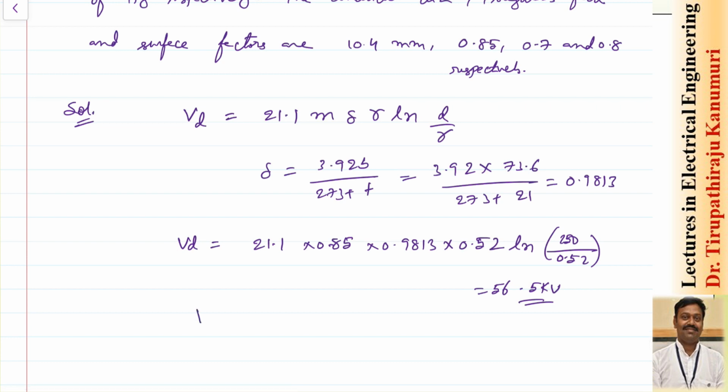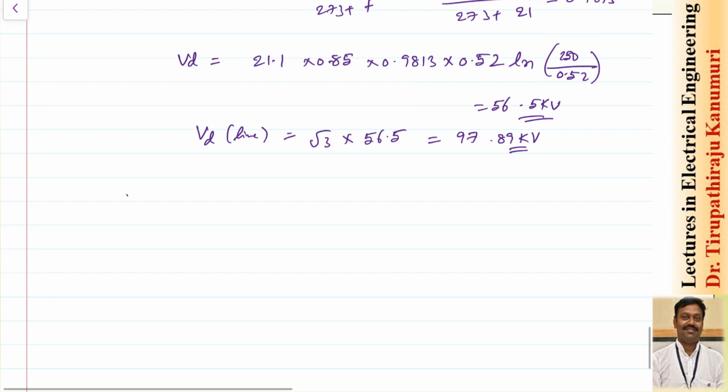So the line value of V_d we will get by multiplying with root 3. So root 3 times 56.5 will be equal to 97.89 kV.